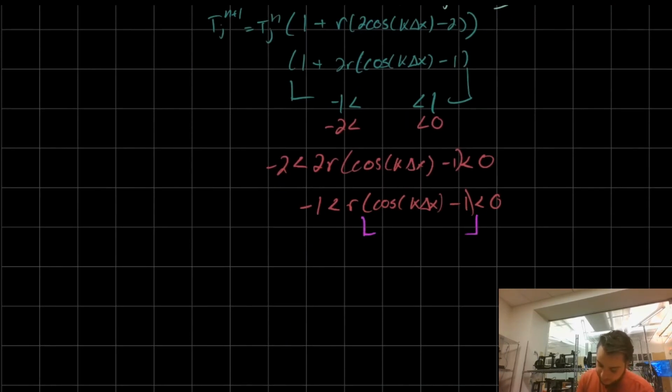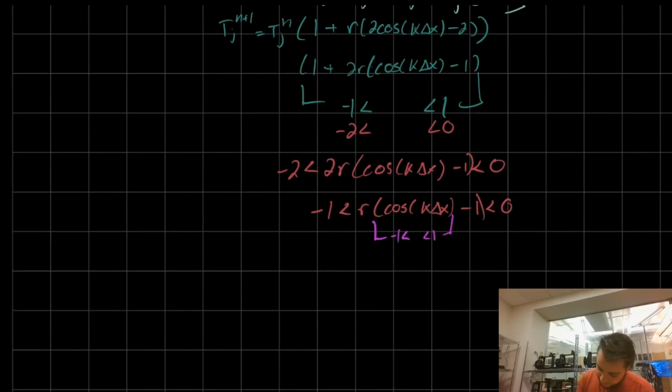We know that cosine is between negative 1 and 1, right? We subtract 1 from that, and we get that cosine minus 1 is now between negative 2 and 0.